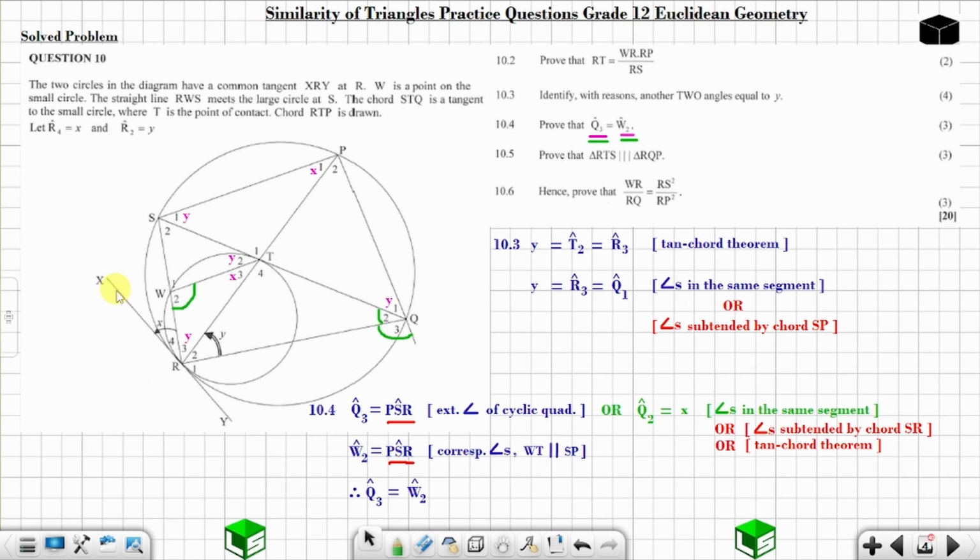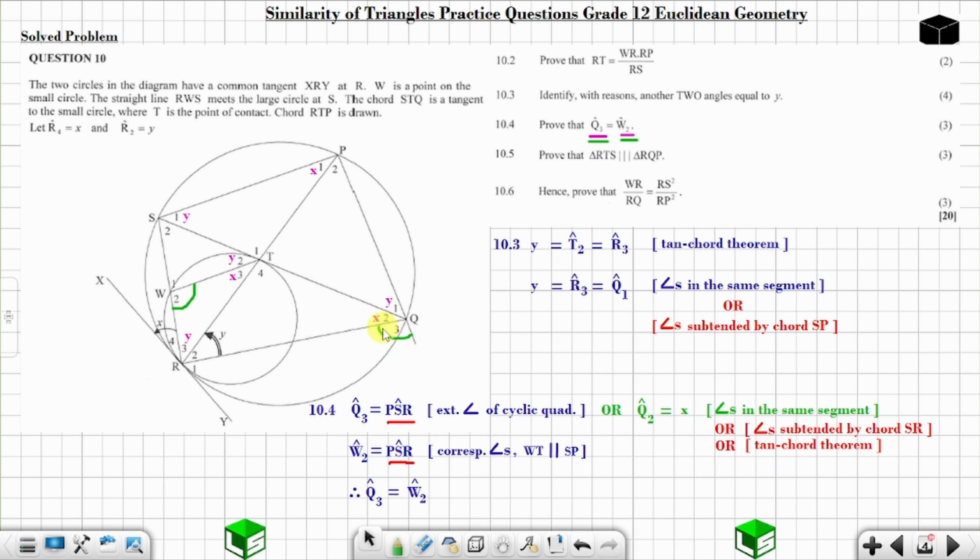So you have a tangent, and this chord SR. So you have this angle between the tangent and the chord. The angle is equal to x. So from this, you have this angle in the alternate segment. Okay, from the same chord, you have this angle. Okay, this angle is x using tan-chord theorem.